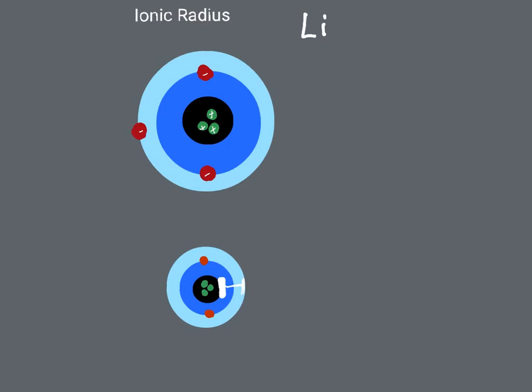Now what's happened here is that lithium has given away one of those electrons, remember? So because it's lost an electron, now it's formed an ion. The name of the ion that we have is called the lithium 1 plus ion, right? And because it is a positive ion, this is what we call a cation, a positively charged ion.